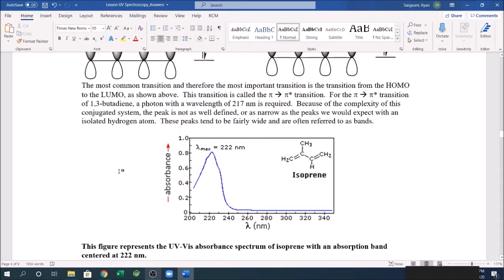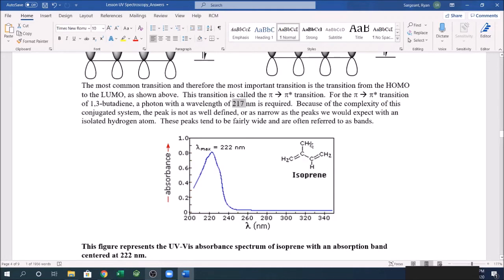Let's go back a minute and think about the two examples that we saw before, and that is 1,3-butadiene and isoprene. 1,3-butadiene has a lambda max of 217 nanometers, but isoprene has a lambda max of 222 nanometers. And as a chemist, it would be perfectly reasonable to notice that the only difference between 1,3-butadiene and isoprene is the presence of an additional methyl group on isoprene.